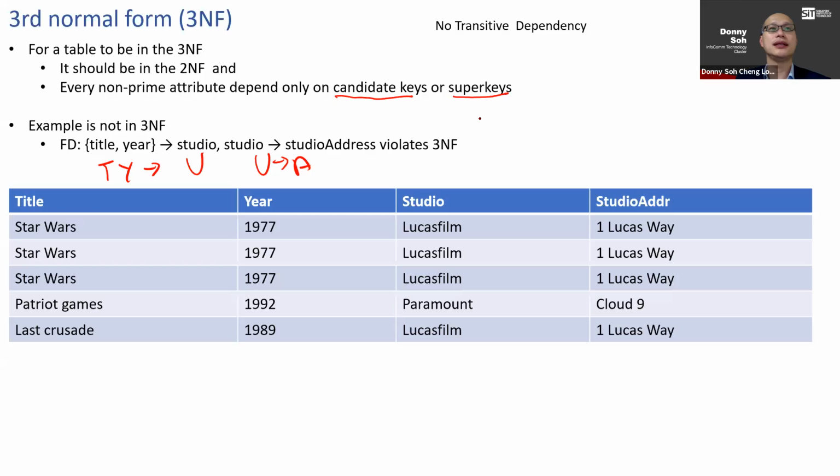Because the key is TY and the non-prime attributes are U and A. U depends on the candidate key, so this is clear. A does not depend on the candidate key. It depends on another non-prime attribute. So this fails 3NF.